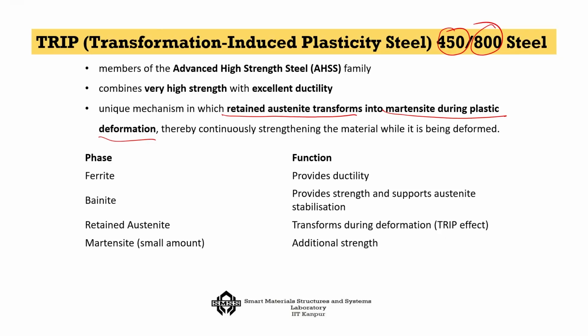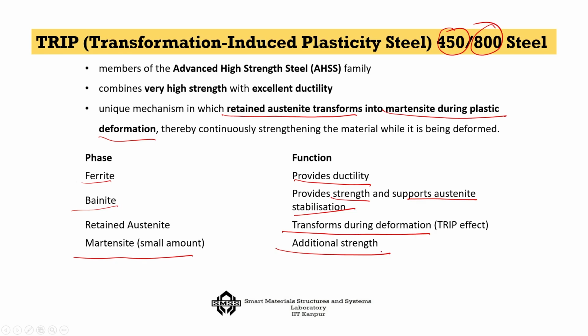So, it has now not just the ferrite and the martensite part, but it has ferrite which provides ductility, it has bainite which provides strength and supports austenite stabilization. It has a retained austenite, that is the beauty, which transforms during deformation and makes the system harder, and a small amount of martensite which gives additional strength.